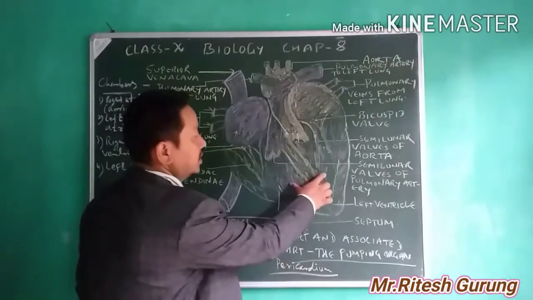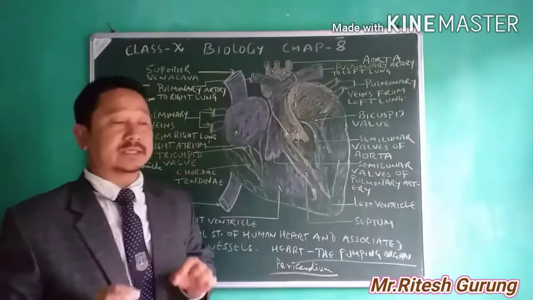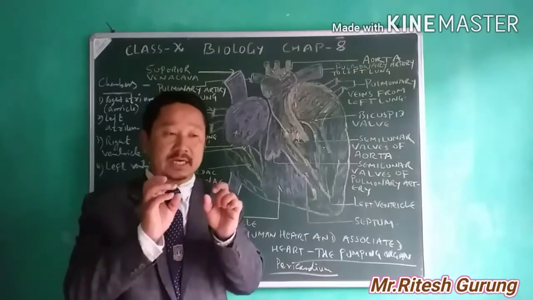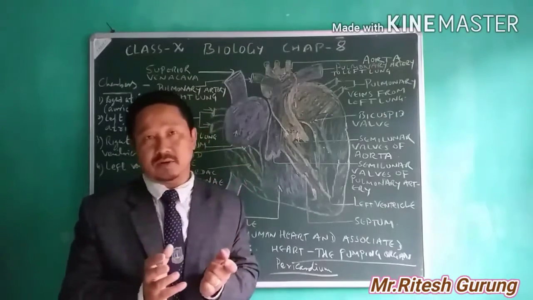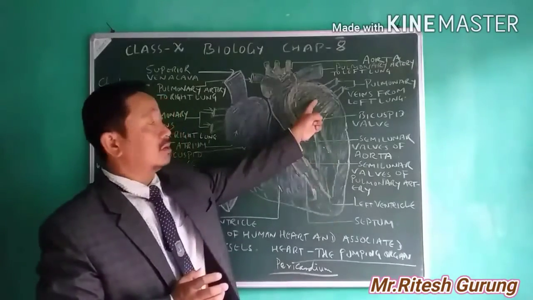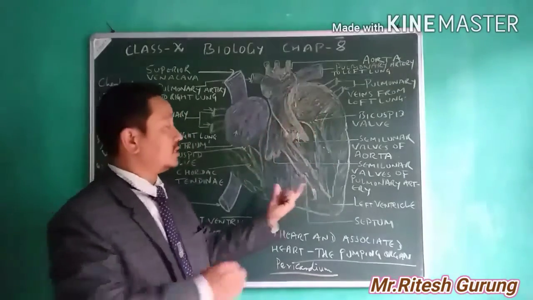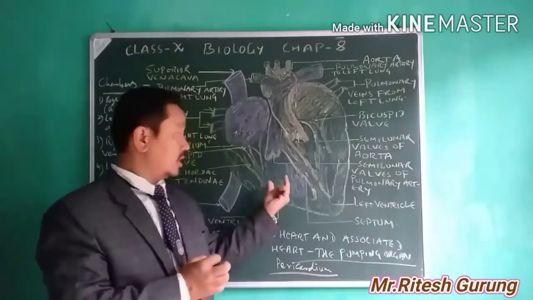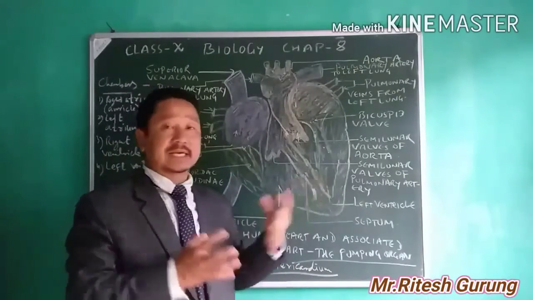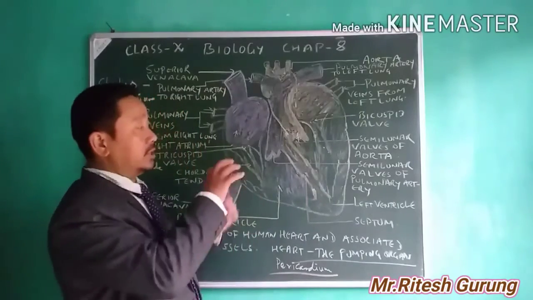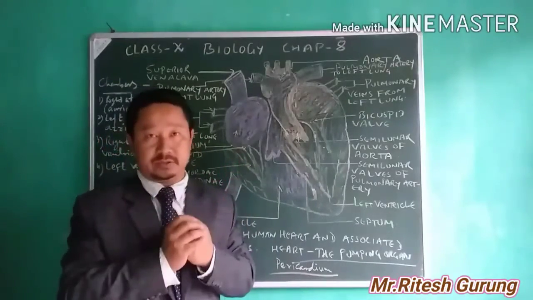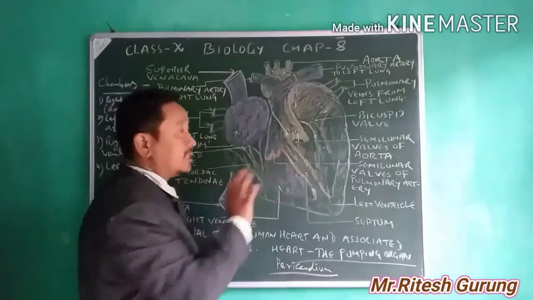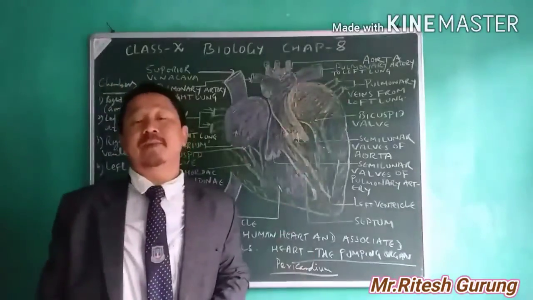But as you see here, the wall of this ventricle is thick and muscular, thicker than the wall of the auricles. Why? Because when these ventricles get contracted, a heavy force is pumped with which the blood has to be pushed out to the different parts of the body.